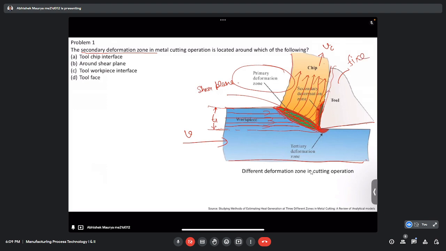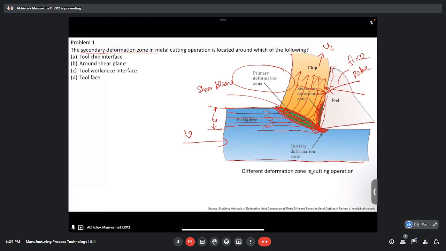If we see this surface, this is called the rake face. There is a relative motion between the chip and the rake face. Also, our chip is applying some normal load on the tool, and there is a reaction force from the tool on the chip, and there is a coefficient of friction between the chip material and the tool material.